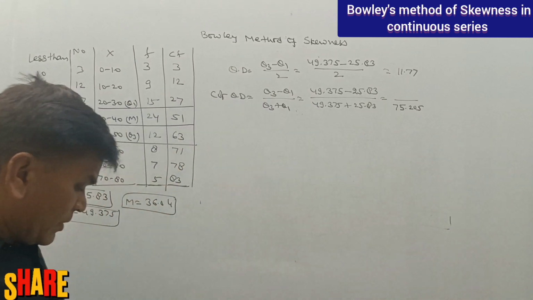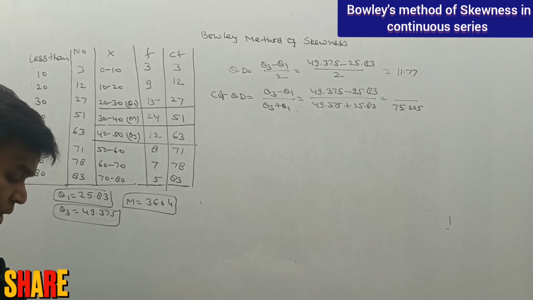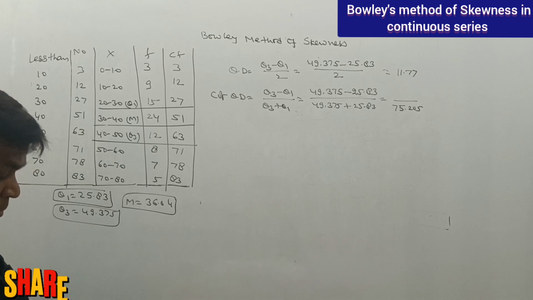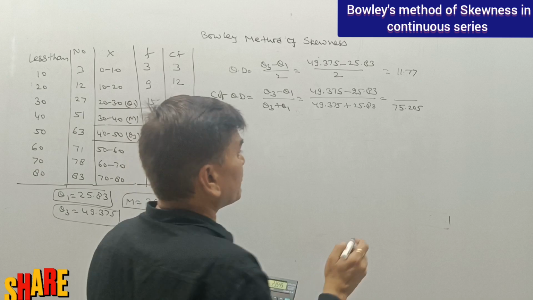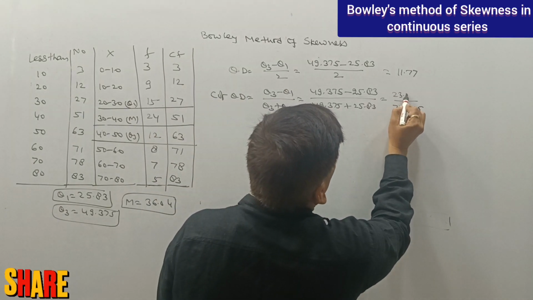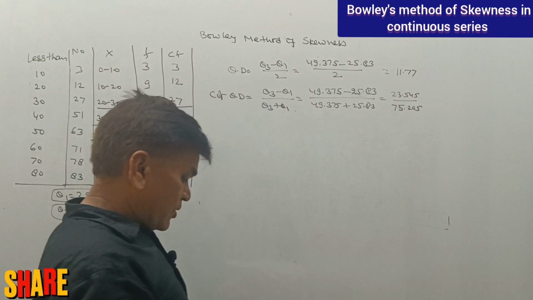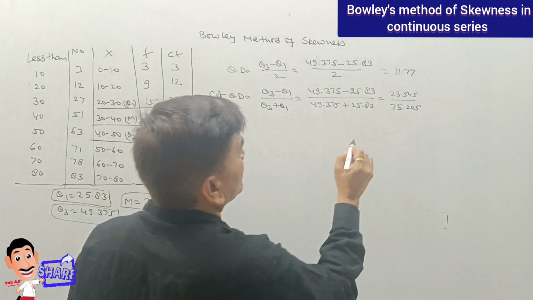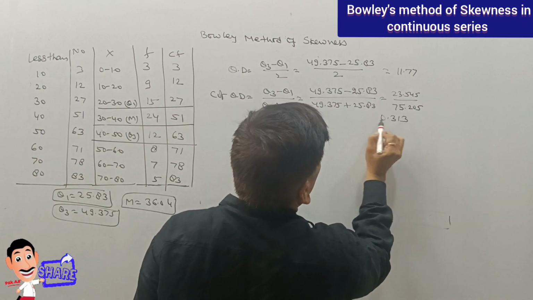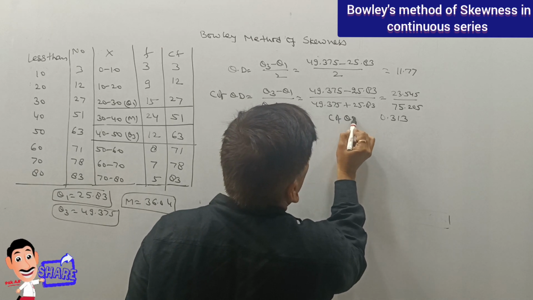Okay. 49.375 minus 25.83, so the upper value is 23.545. This value divided by the lower value, 75.205, that is 0.313. That is the coefficient of quartile deviation.